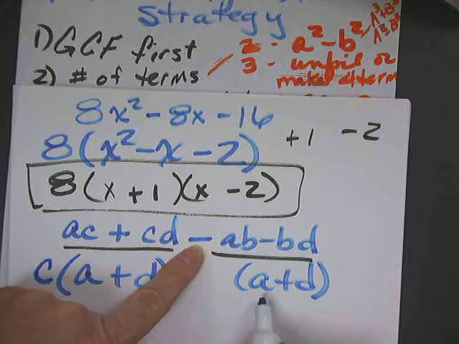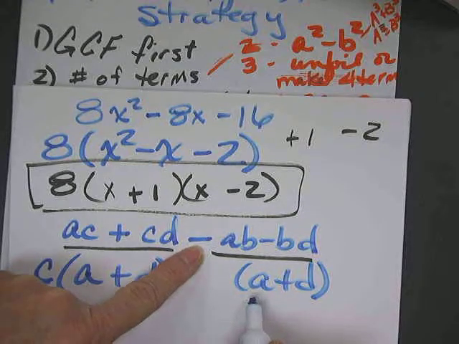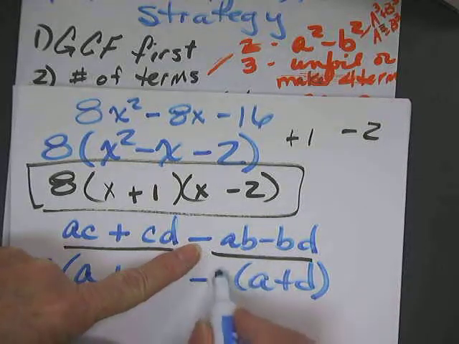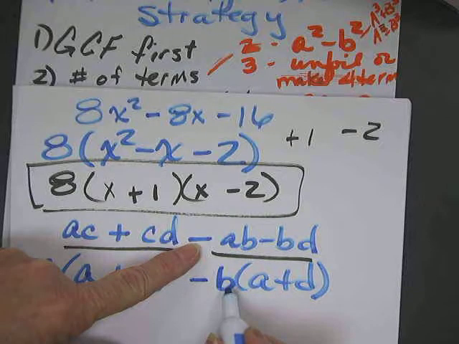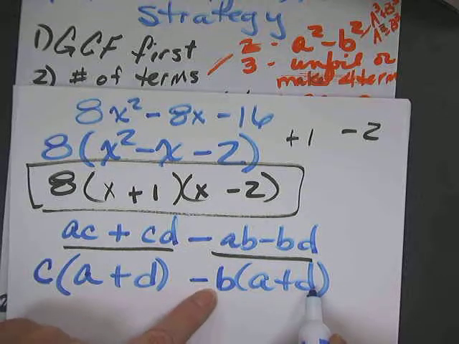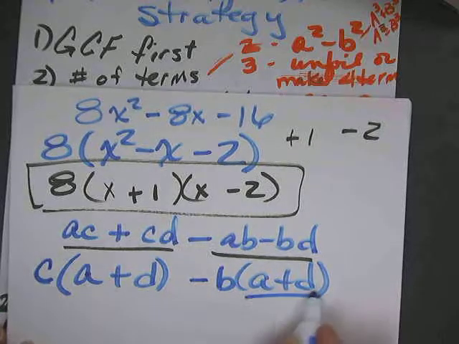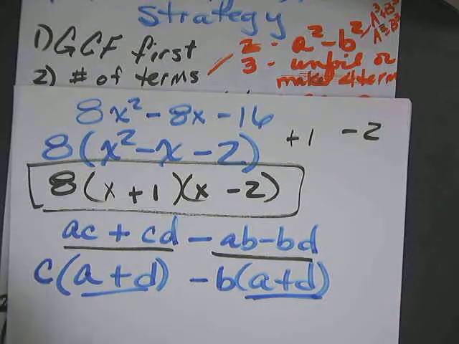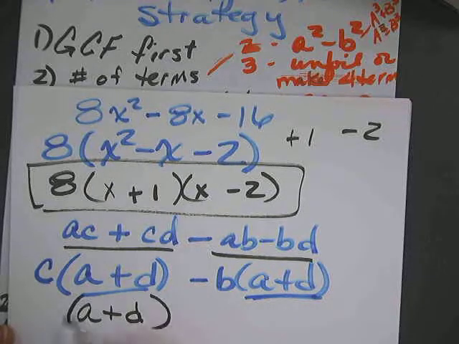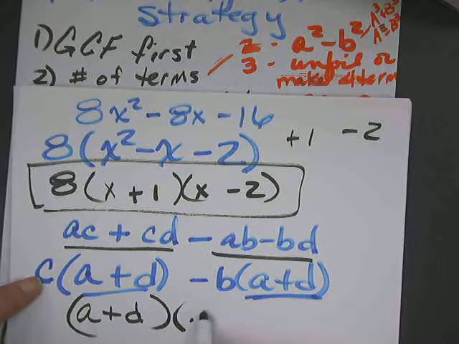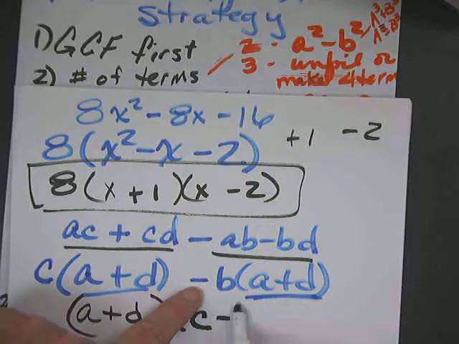What do these have in common? C. Correct. C. And what was the first term? A plus D. So we're going to have A plus D. Okay, how are we going to get this? What do we multiply by? Negative B, right?